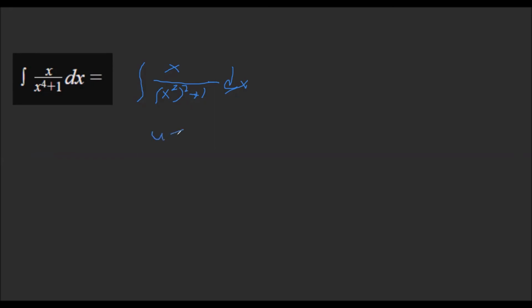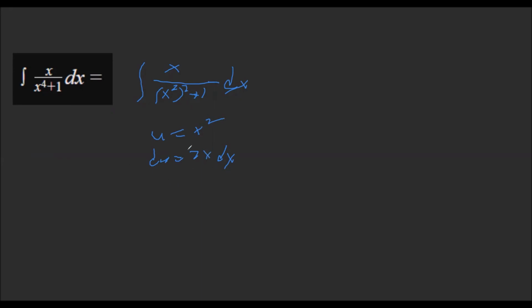So we say that u is equal to x squared, du is equal to 2x dx. So now we end up with the integral of x over u squared plus 1 dx. And we're almost in the correct form. However, since we have dx, we can't integrate with respect to x.